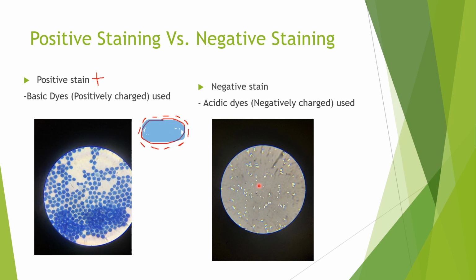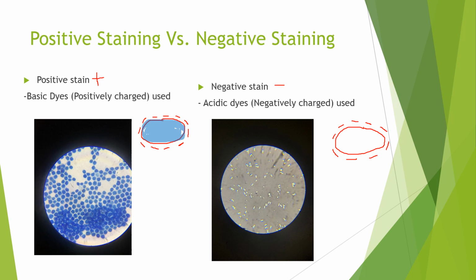Now let's see this example, a negative stain. What's a negative stain? Let's say one more time, here is your bacteria, and again, it has a bunch of negative charges surrounding it. Now, if I use a stain that's negatively charged, what's going to happen when you have two things that are negatively charged?